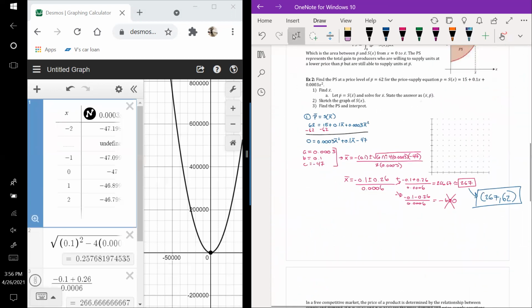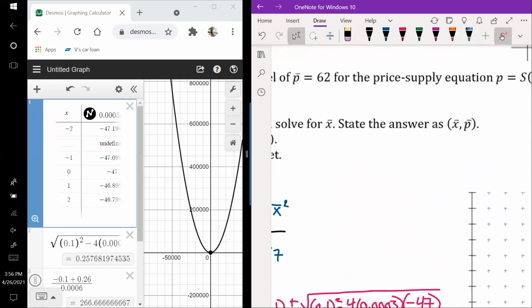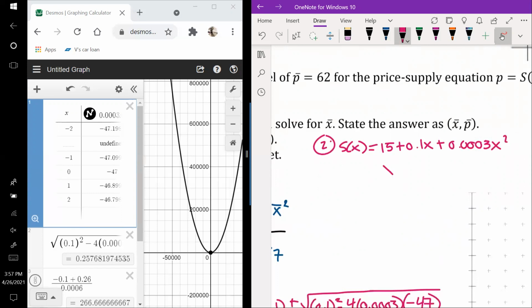I have to fit that over here. All right, 2. We have S of X equals 15 plus 0.1x plus 0.0003x squared. Make my XY chart.